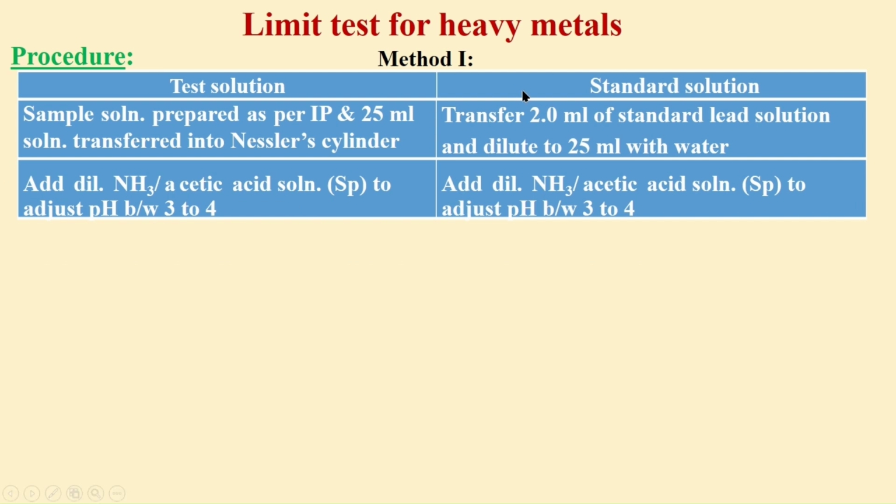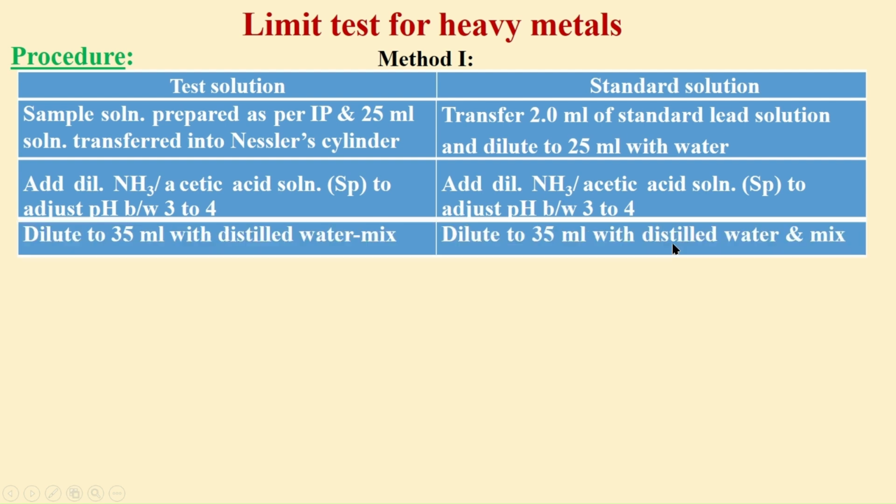The 25 ml solution which we have taken in the test solution, the sample is dissolved, and in the standard solution, the standard solution has been prepared and is diluted to 25 ml and its pH is adjusted to the 3 to 4 range. Then both the test solution and standard solution are diluted with water to 35 ml.